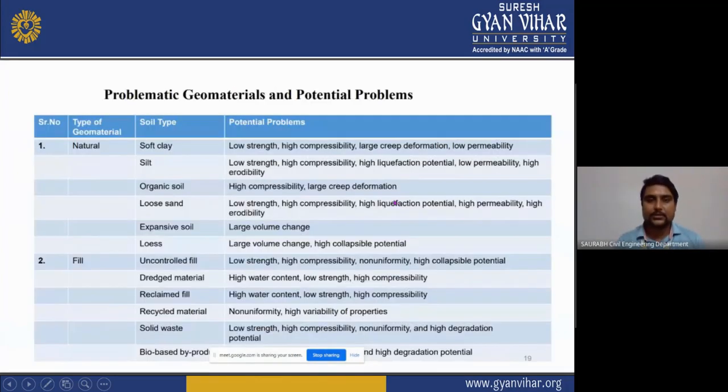And now come to the next point. What are the problematic geometrical and potential problems? First is the type of geometry and soil type. As you can see, what is the potential problem?